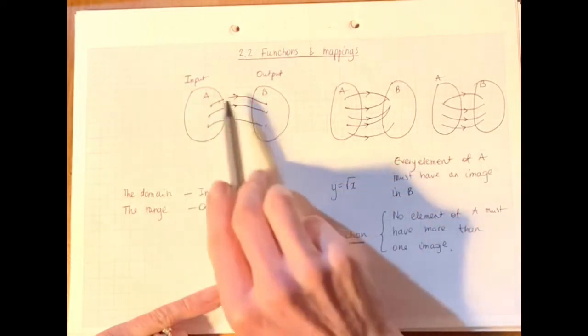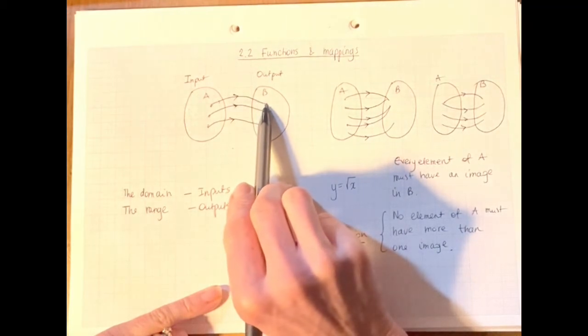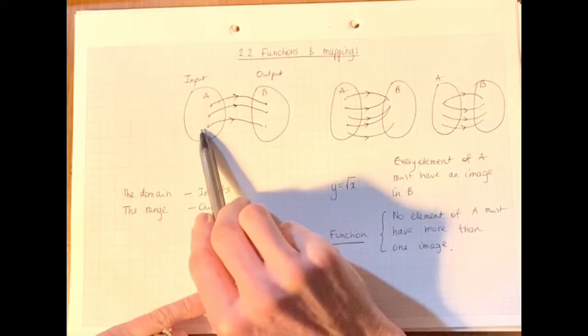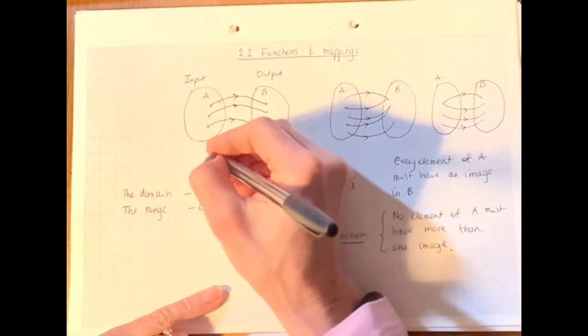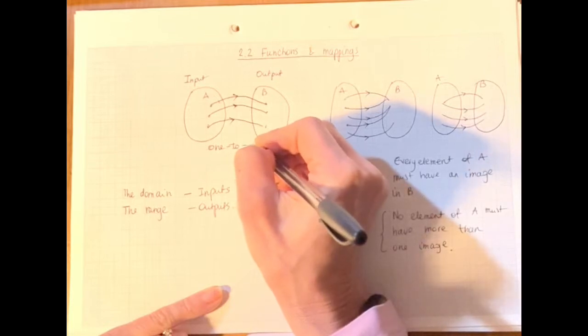In the first example, every element of A has a unique output, and that output is in set B. This type of mapping we are going to call 1 to 1.